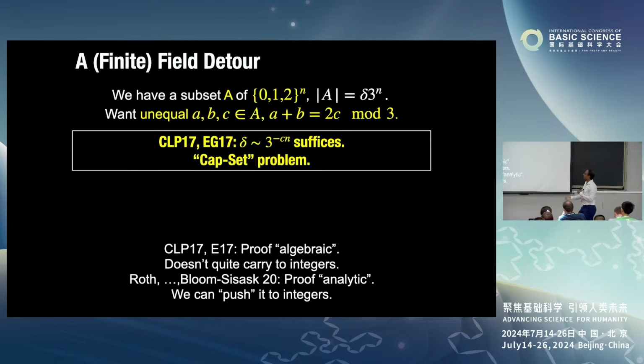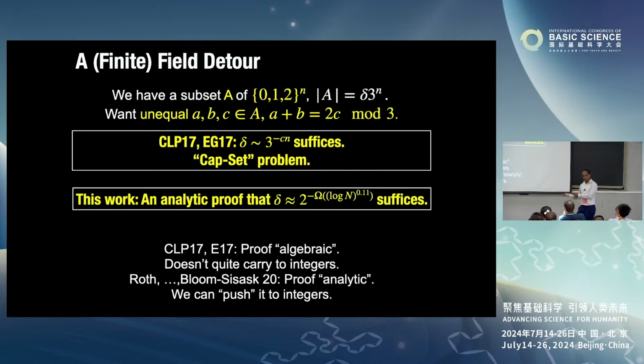But all of the other results that I mentioned, including Bloom's, have proofs that are more or less analytic in nature, kind of as follows. You first develop a proof for finite arithmetic, and then you push it to integers. In a sense, that's exactly what we also do in this work.